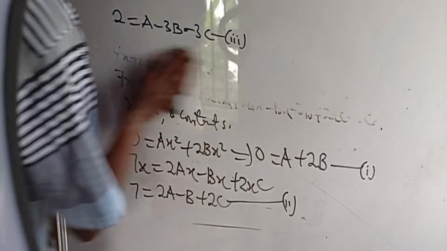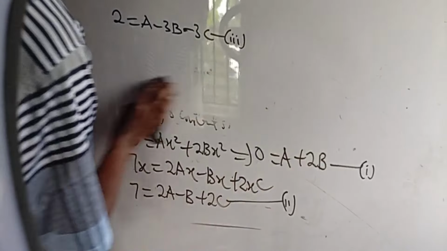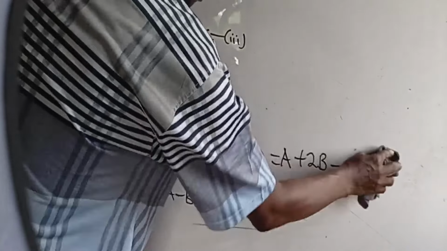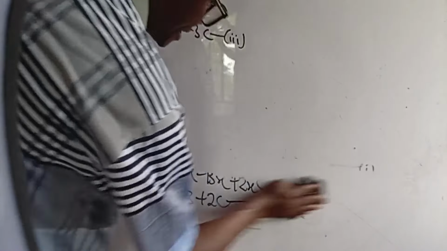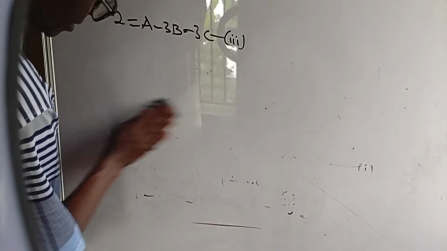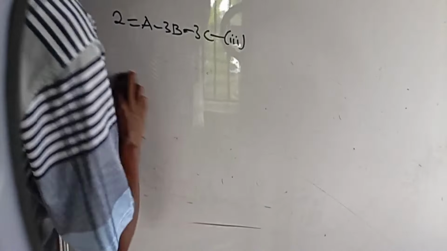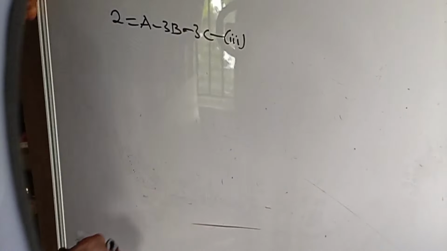So now, what happens? We are now going to combine the 3 equations together so that we'll be able to get the values of a, b, c.